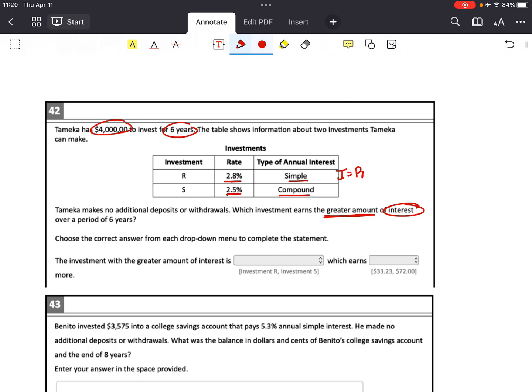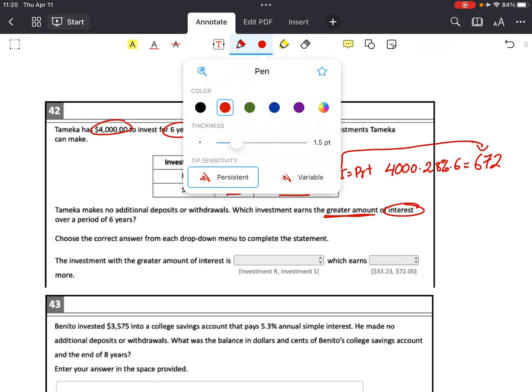Simple means I equals PRT. So you would multiply the 4,000 times the 2.8% times the 6 years, which would give you an answer of 672. Again, what you just calculated is the interest, so keep it at that.